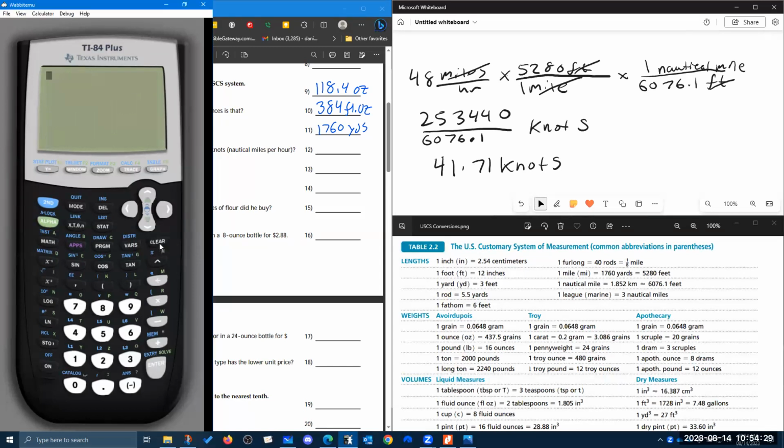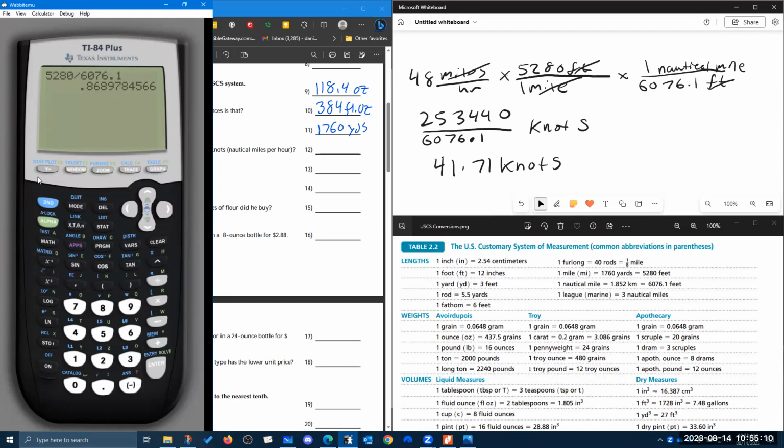since it's usually in most textbooks between miles and nautical miles. So there's my multiplier to go from nautical miles to miles.